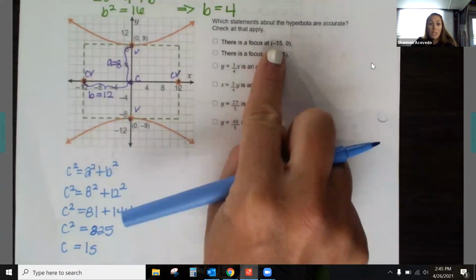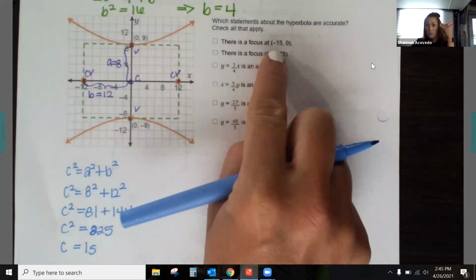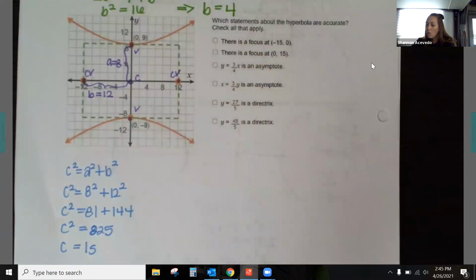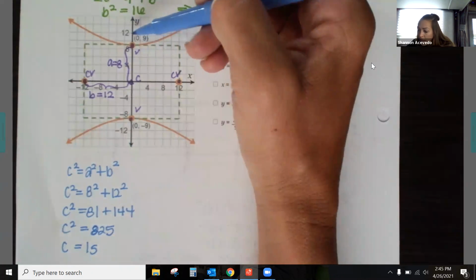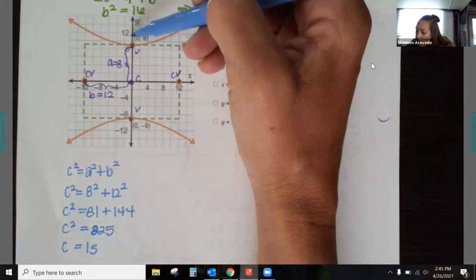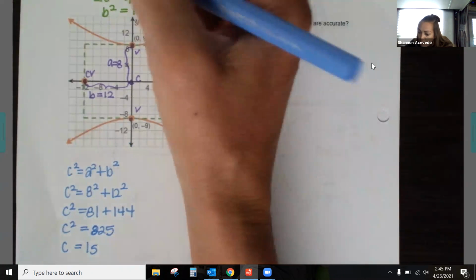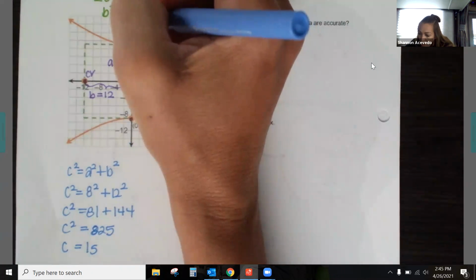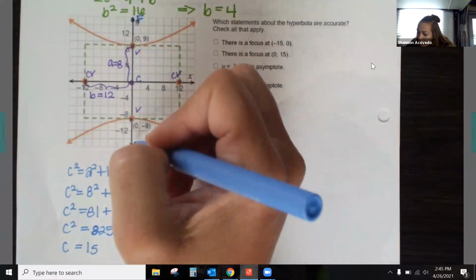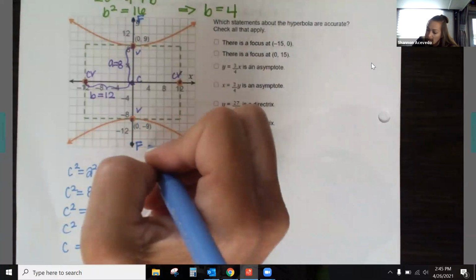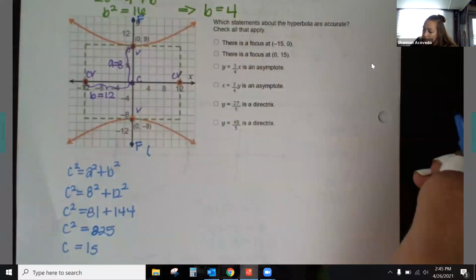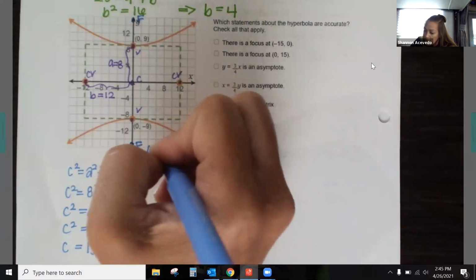So this could be a foci then because it has that value 15, is what I think right away. So then I go, okay, well, if I was going to graph my foci, it has to be inside my parabola. And if I'm here at 12, they're counting by 2, so 14. So 15 would be like right here would be a foci, and right here would be a foci. So if I look at these points, this point right here is going to be 0, negative 15.